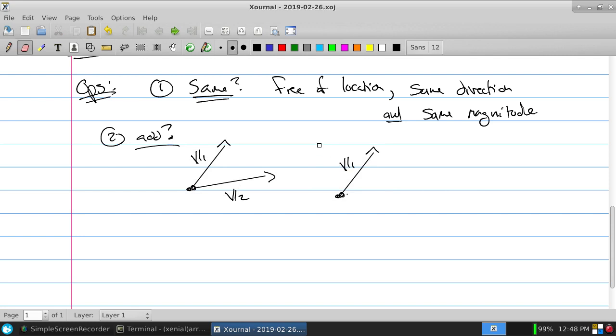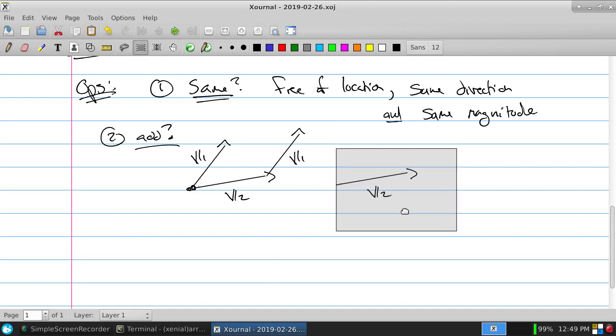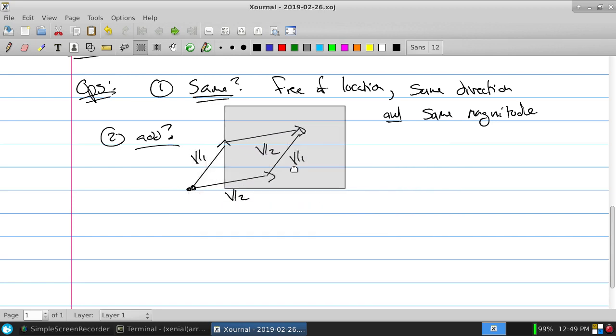Get rid of the things I don't need here, and let's move you to this side. So that's still vector 1. It's acting as if vector 1 was sitting right here at the head of this one. Vector 2 is acting as if it's here, but it's actually at the head of this.